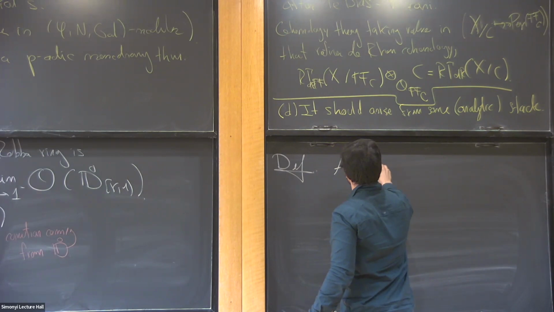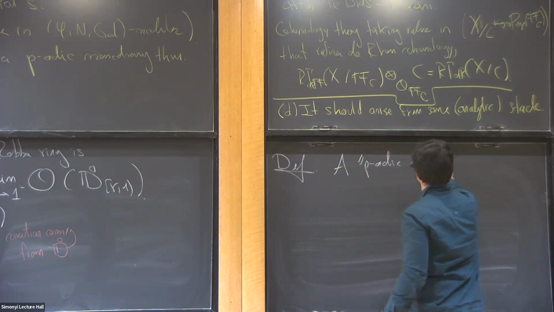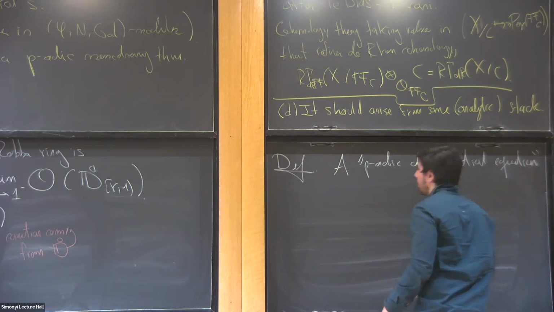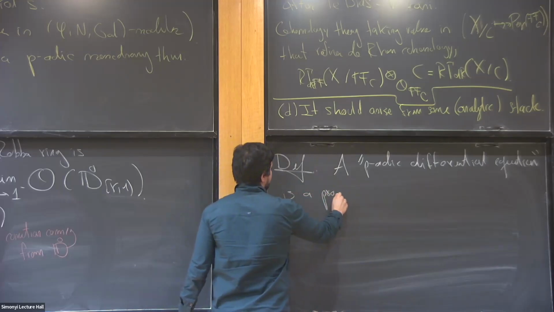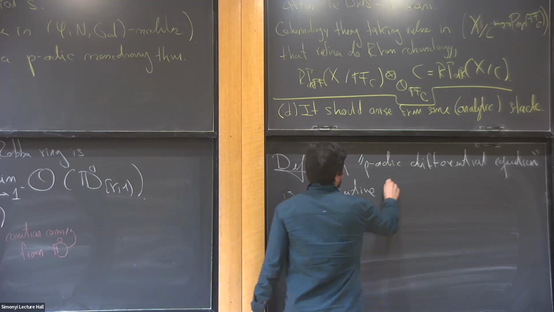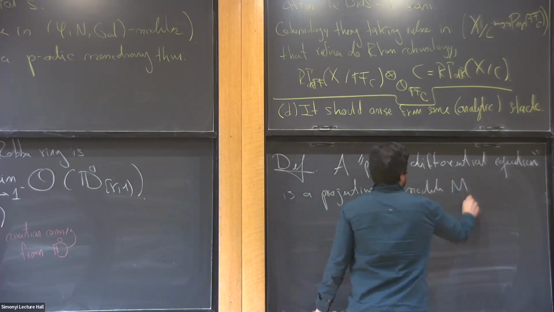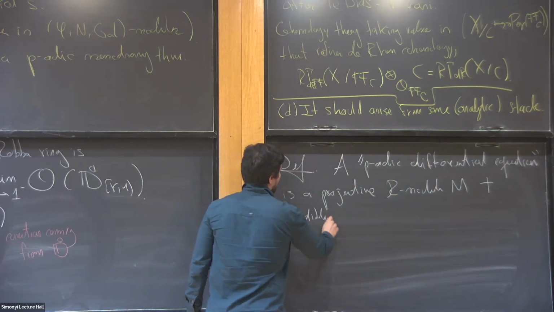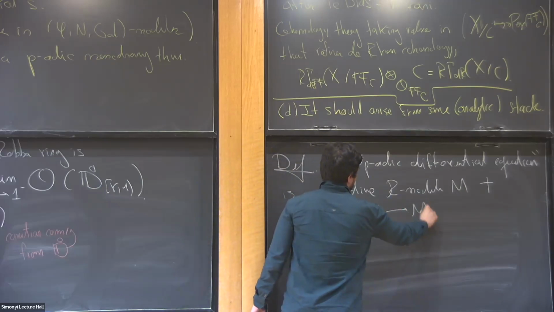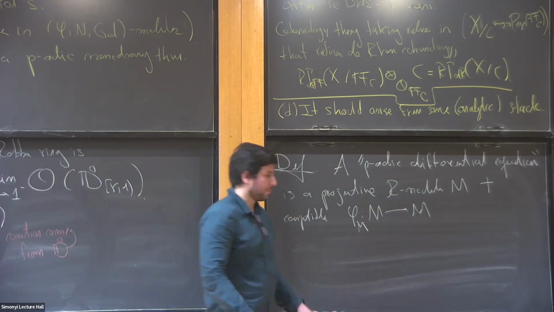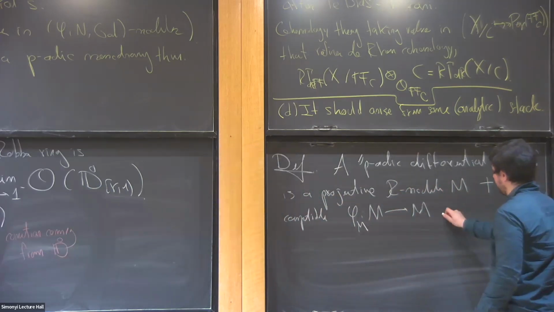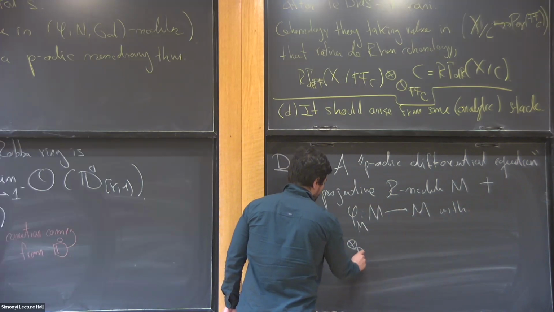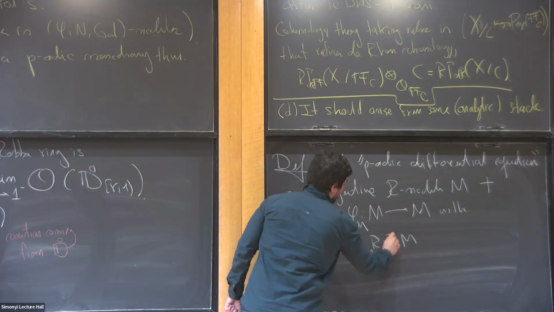So a differential equation is a projective module M together with a compatible Frobenius from M to M, that we ask to be with the same data, meaning that the linearized Frobenius is an isomorphism.